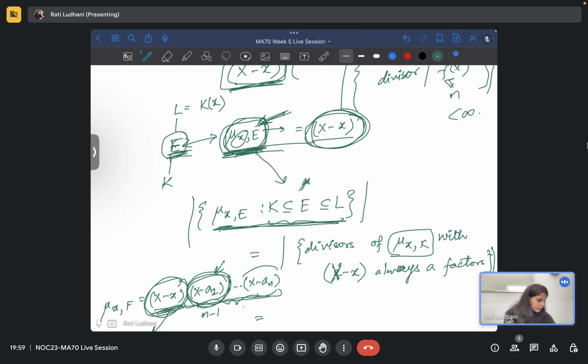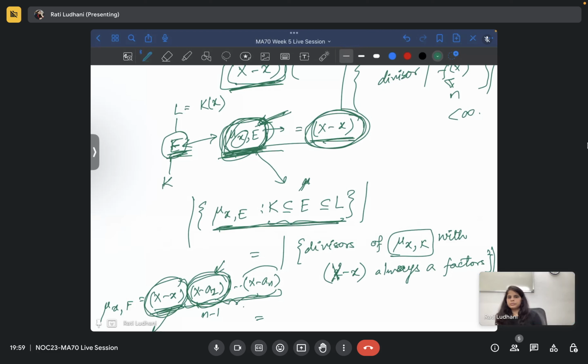So you always want x to be a factor of this minimal polynomial wherever it factors. So x minus x you always want with you in the polynomial, for any intermediate field you have taken. That's why x minus x will always be there, and the other factors could vary.